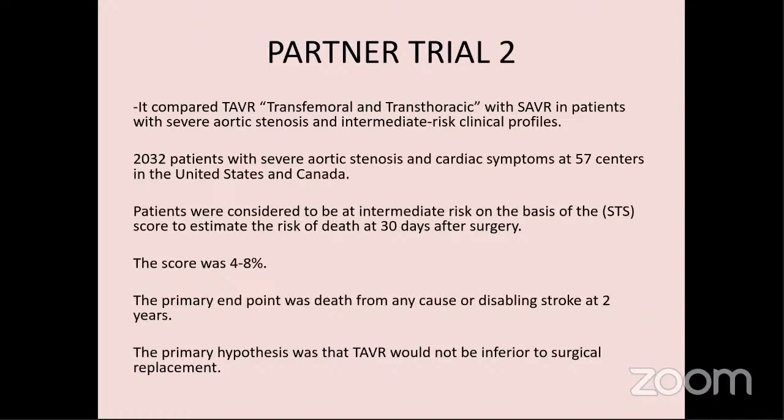We know that in patients with symptomatic aortic stenosis, the treatment is surgical AVR, and you cannot deny it to the patient, but you offer them an alternative way of doing it, which is TAVI, and then you prove that TAVI is not inferior to it. Is that clear? Yes. Okay.